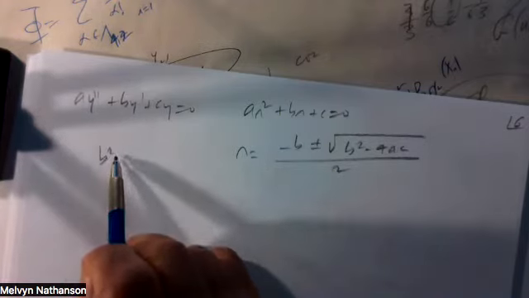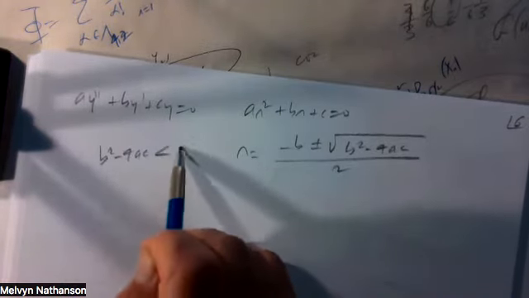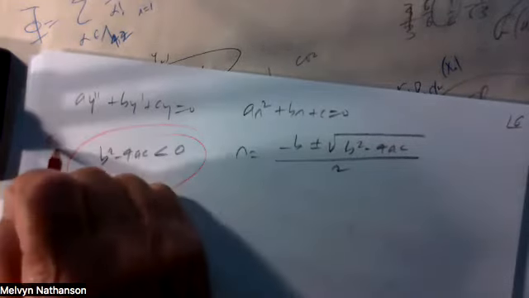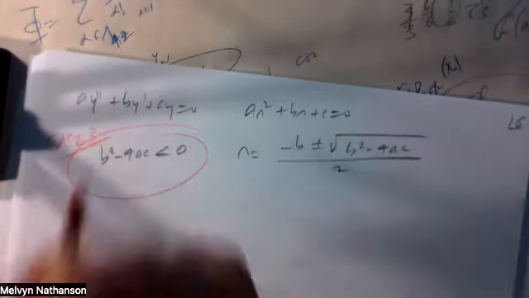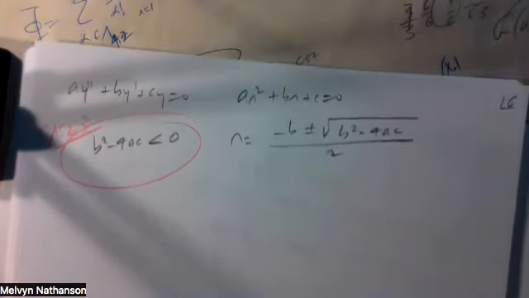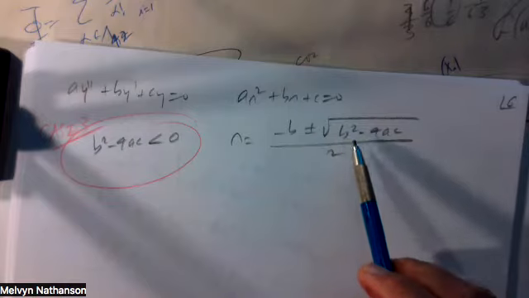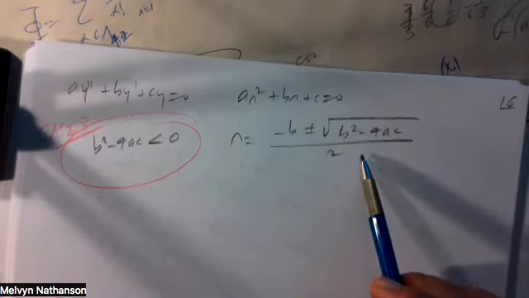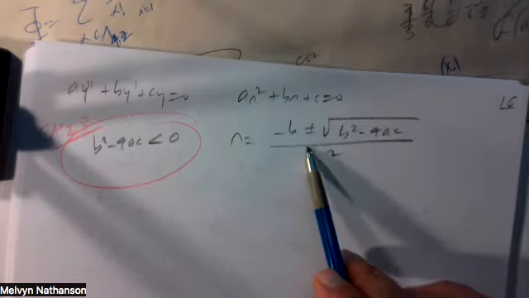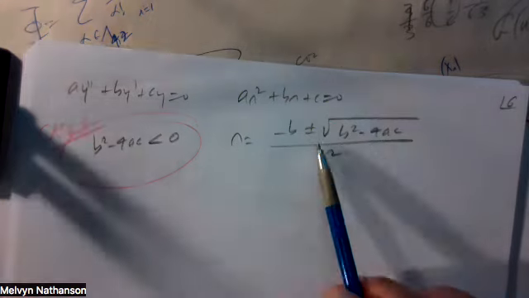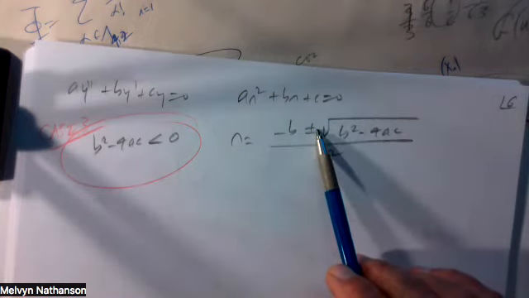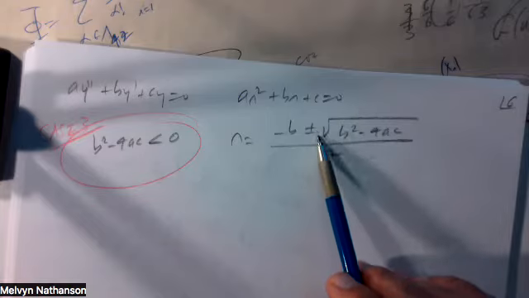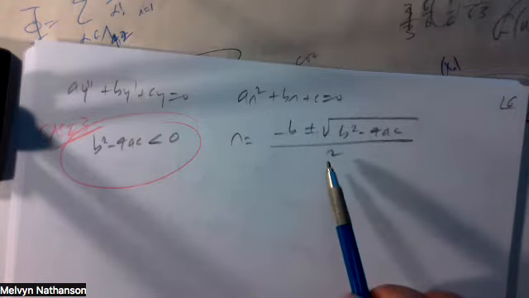And in this case, b squared minus 4ac is negative, right? This is case 3. The discriminant is negative. What this means is the equation has solutions, but they are complex numbers.